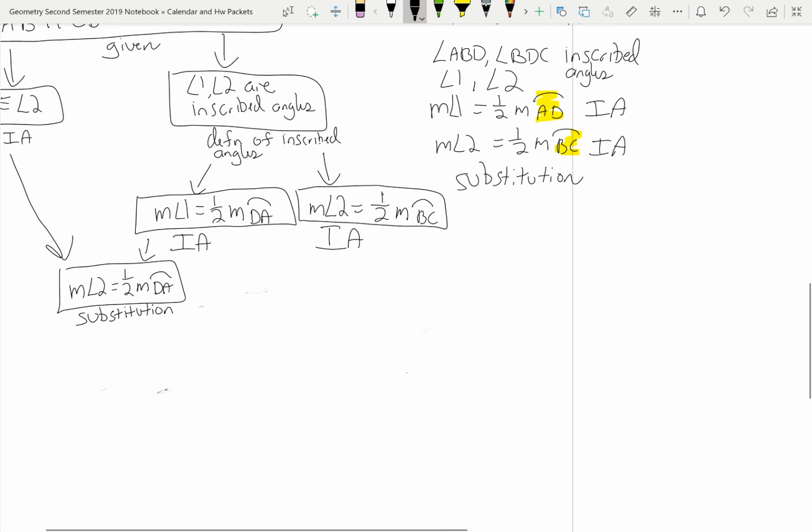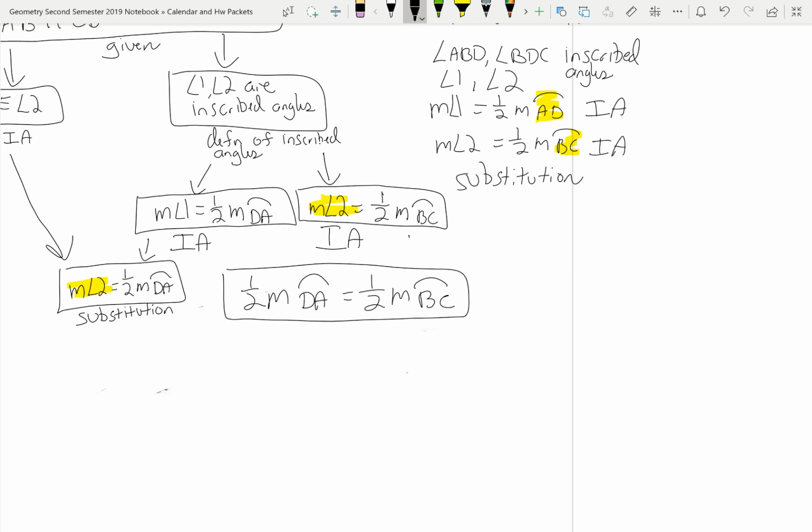Okay, so angle 2 is equal to both of these, so we can substitute in the measure of arc DA for the measure of angle 2. So now 1/2 the measure of arc DA equals 1/2 the measure of arc BC. That again is substitution.